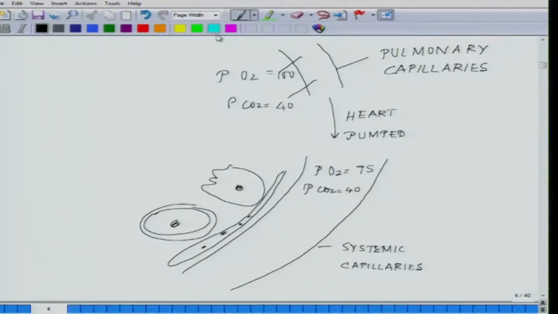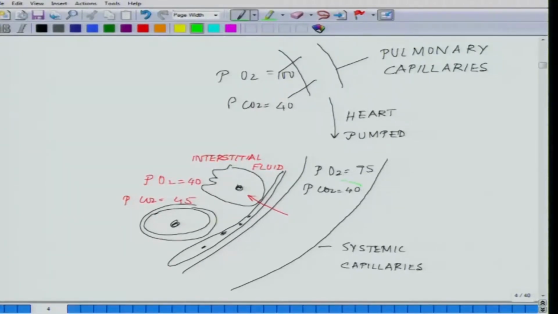Now these cells and tissues will be needing oxygen. We are in the interstitial fluid. The partial pressure of oxygen here is 40 and the partial pressure of CO2 is 45. This is just the reverse situation. So what will essentially happen?